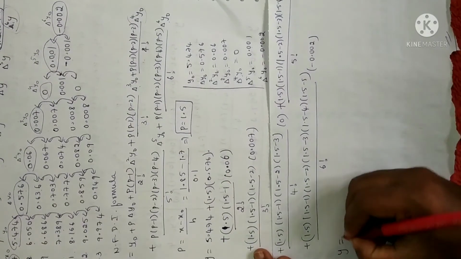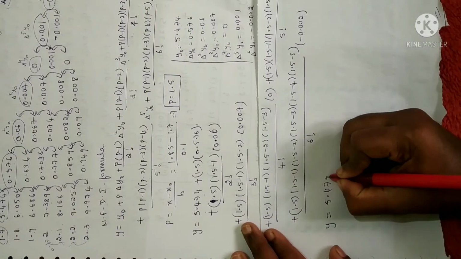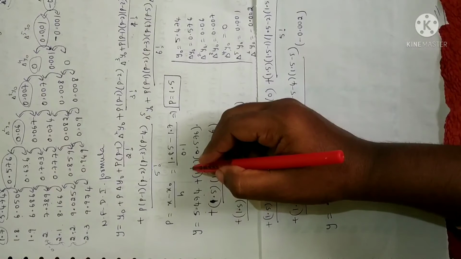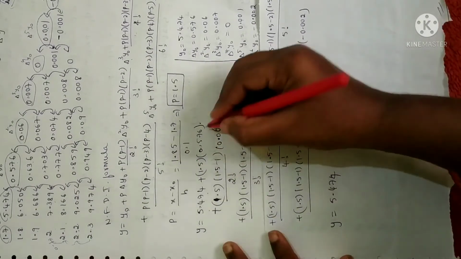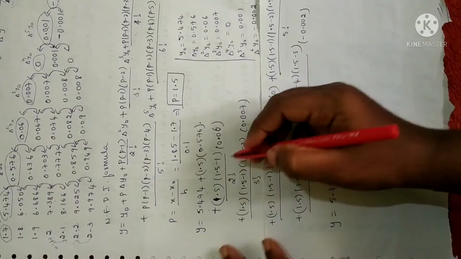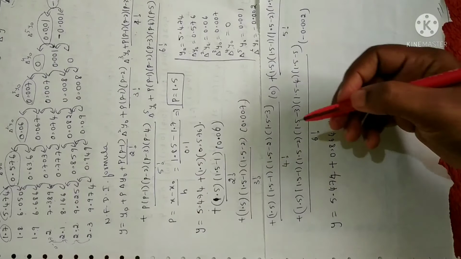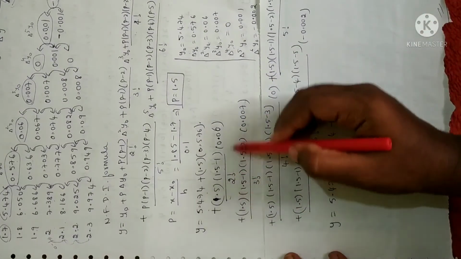Now let me simplify all. The first term is 5.474 as it is. Next we need to simplify 1.5 into 0.576. When you multiply you will get 0.864. Plus, when I use the calculator it takes a lot of time, so I used the calculator before and I'm just writing now.